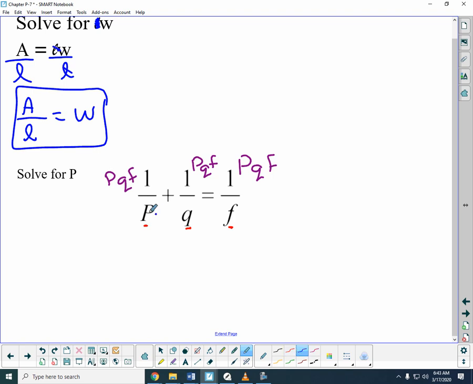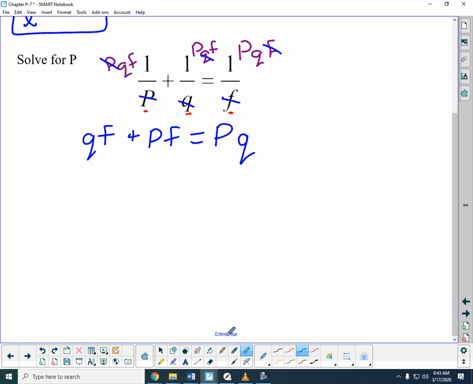Now here the p's will cancel, and I'm going to get qf, plus the q's cancel, and I get pf, equals the f cancels, and I get pq. So the first step was to get rid of the fractions by multiplying by the common denominator.